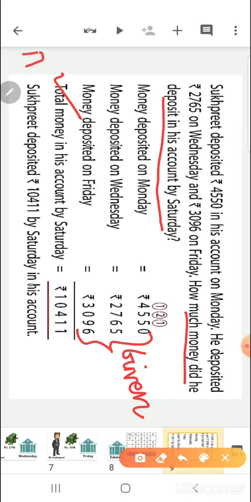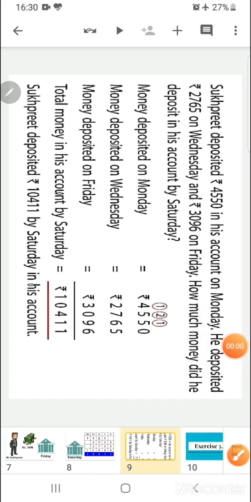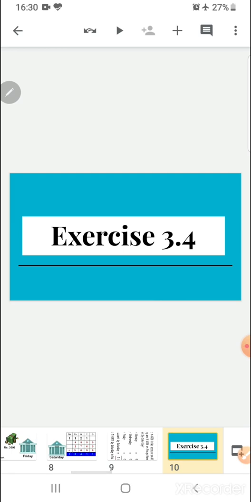After that, finally we have to write the answer, which is: Sukhpreet deposited rupees 10,411 by Saturday in his account. Children, in this manner we have to solve our word problem sums. Let us now move towards exercise 3.4.